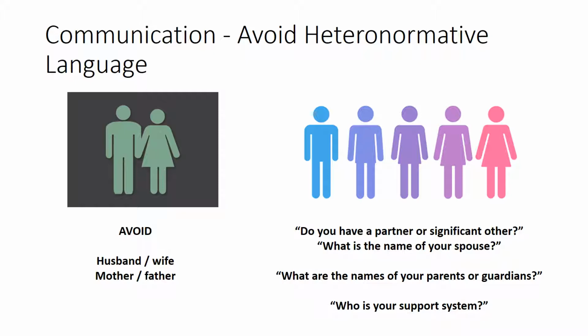And so it's good to get in the habit of taking those words out of your vocabulary when working with kids especially, and just asking very gently, what are the names of your parents, or who are your parents, or who are your guardians, or who are you living with, or who's taking care of you, something like that, so you don't unintentionally make someone feel unwelcomed or unsafe.